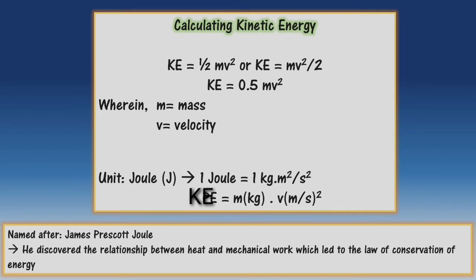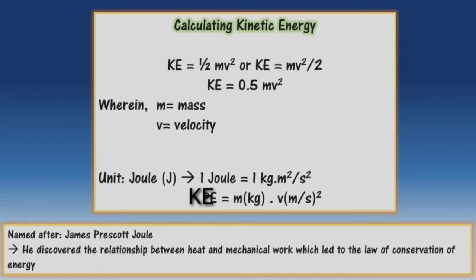KE is equal to 1/2 mv squared, wherein KE stands for kinetic energy, m stands for mass, and v stands for velocity. We can also use KE is equal to mv squared divided by 2. All of those formulas are the same.